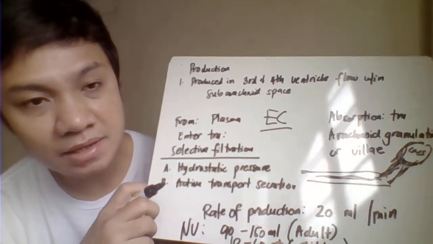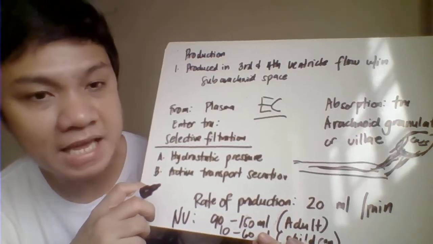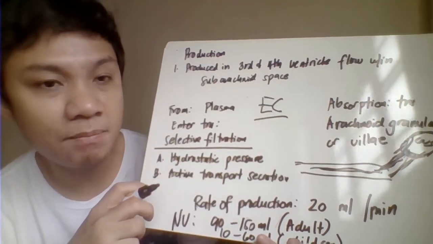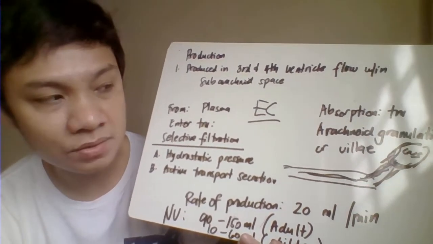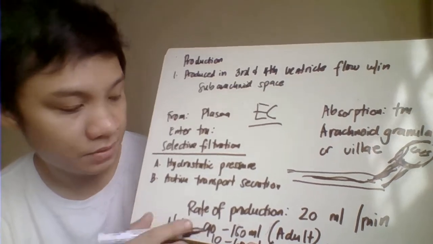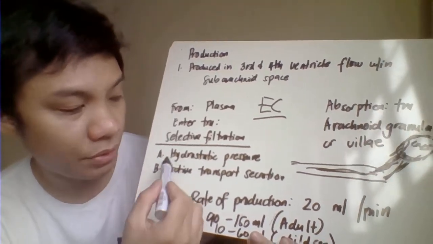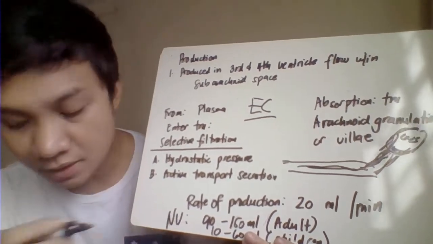The endothelial cell here is the one that provides your blood-brain barrier. With the blood-brain barrier, not all of our plasma enters our CNS because it filters. So how does it enter? Through your hydrostatic pressure or active transport secretion.